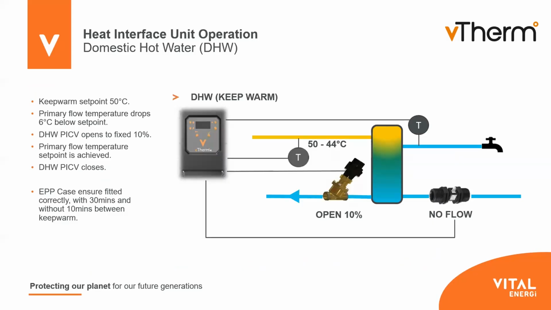So if we then start looking at the domestic hot water, one of the key functions is the keep warm function. And on there, we're looking at having a temperature of around 40 to 50. And what you'll get is an effect where we want the plate to be nice and warm, ready for when the tap is brought on, because BESA says that we have to have at least 45 degrees within 15 seconds.